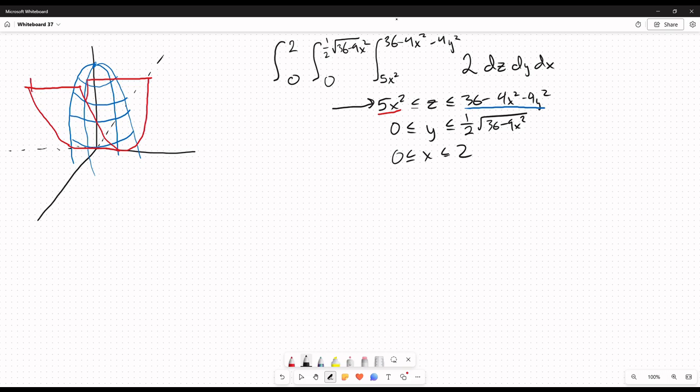So let's ask a question: if I smush my region between the bowl and the canoe onto the XY plane, what does it look like?